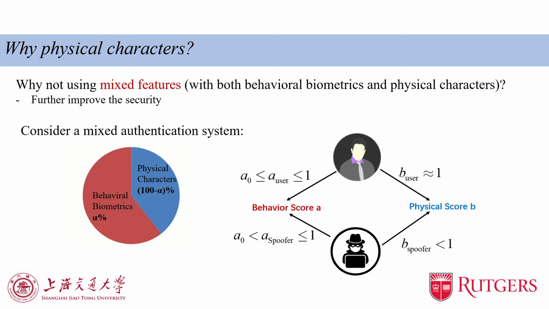A spoofer could also get score A larger than A subscript 0 by mimicking the behavior of the legitimate user, and even better than the user at some times. But the score for B should be much smaller than 1 because he could not mimic the physical characters of the user.